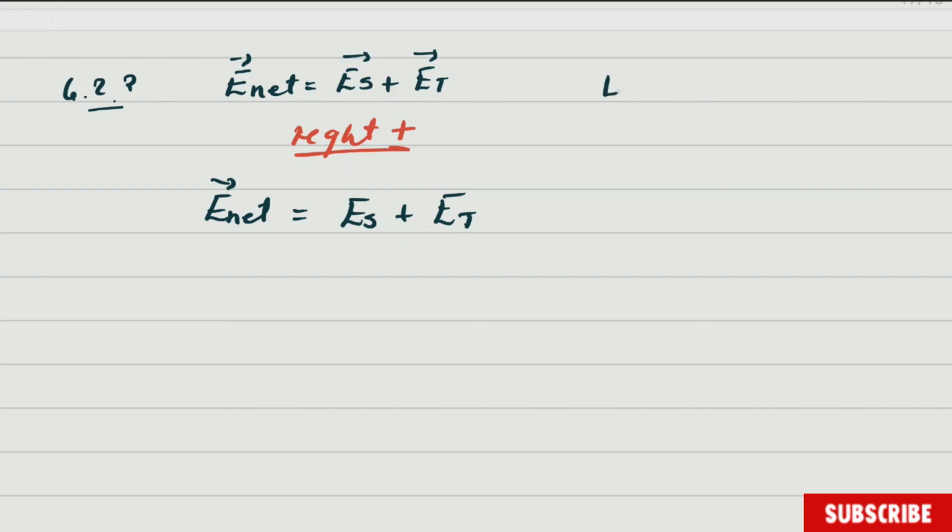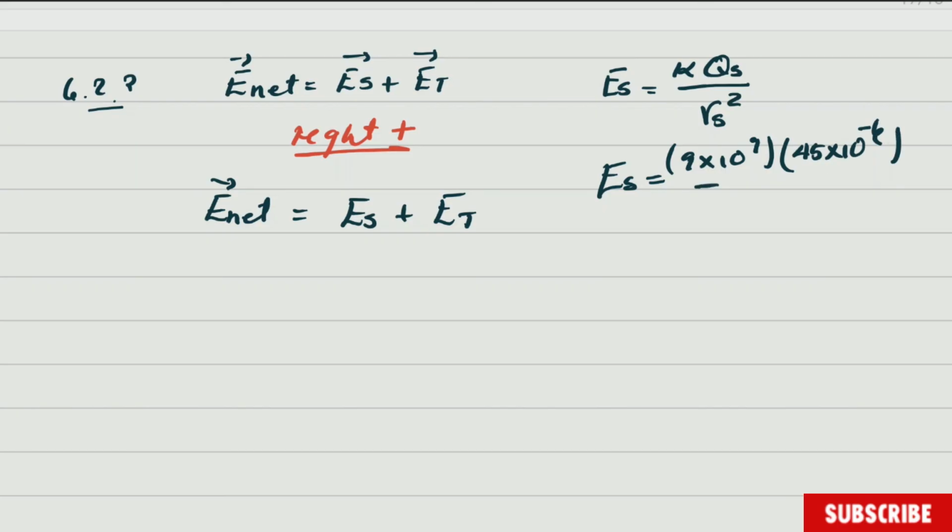So let's calculate here ES, for example, is equal to K charge, this is charge S, divided by distance S squared. So ES, when you substitute in here, you will get 9 times 10 to the 9. Remember, do not substitute the signs here again. This one, the Q or charge S, is 45 microcoulomb. So it's 45 times 10 to the minus 6 divided by the distance.